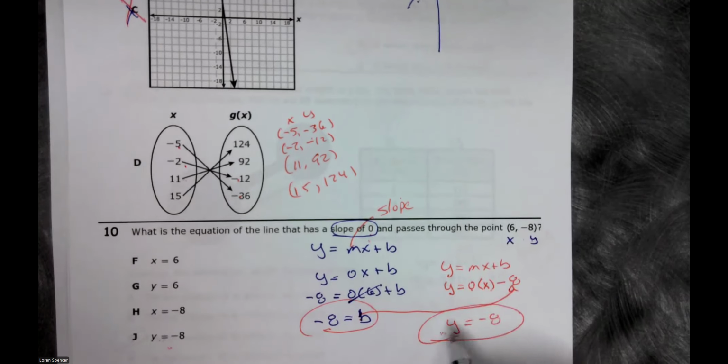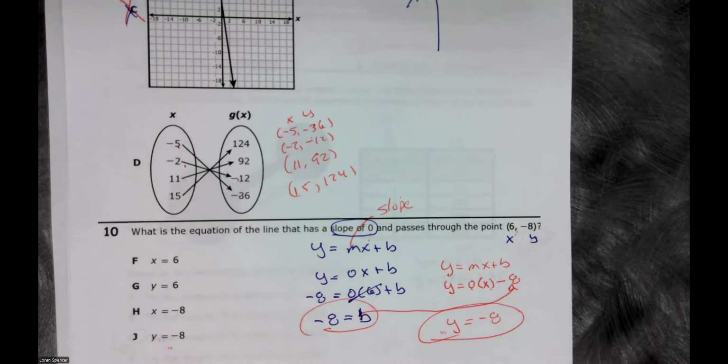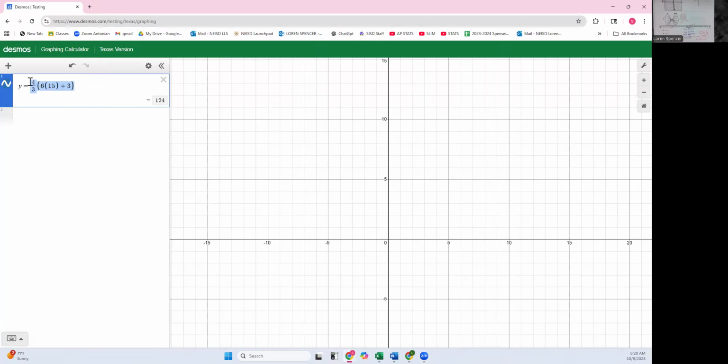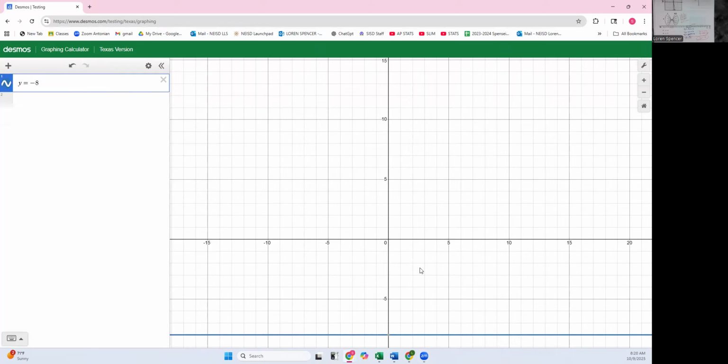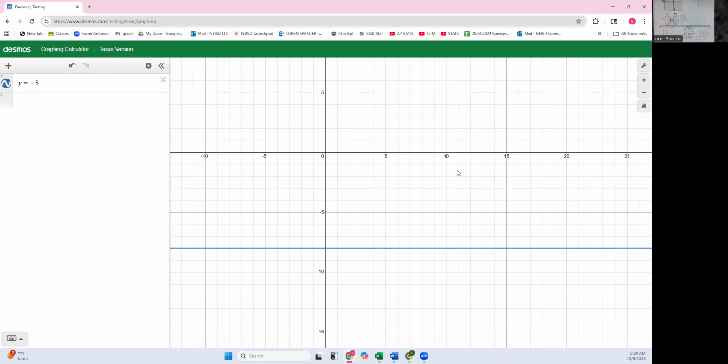Now, let's graph this and make sure that we have 6, -8. So we're going to go back to Desmos just to make sure that that actually worked out. So if I go to y equals -8, and I'm going to go to that point, 6, -8.